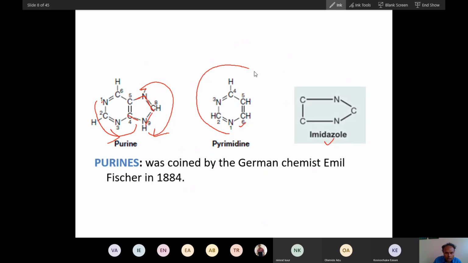That is why the glycosidic bond is formed at 9 in purine, and at 1 with pyrimidine.